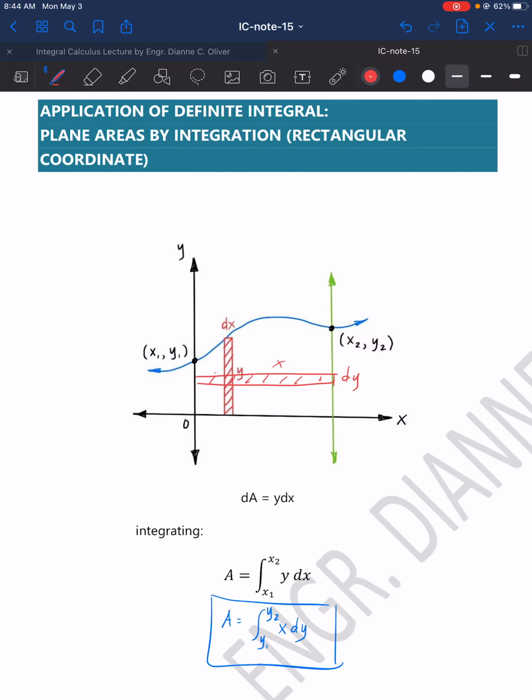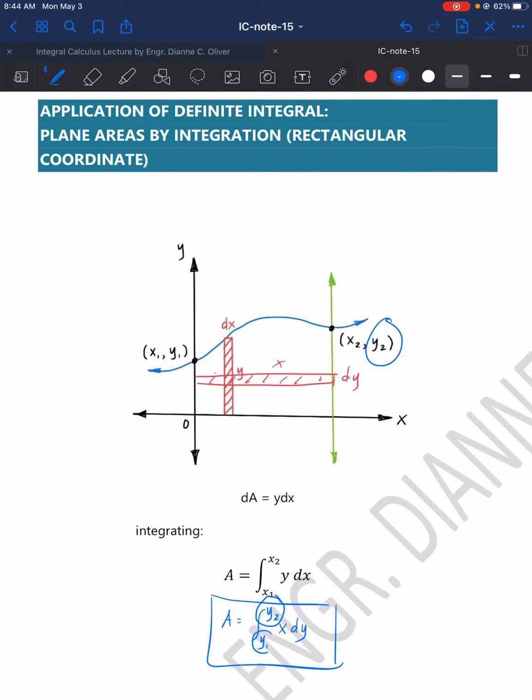Looking at that area strip, our upper limit is obviously at the end of the boundary, the intersection of the line and the curve, which is y2. It is the highest point where the boundaries intersect.